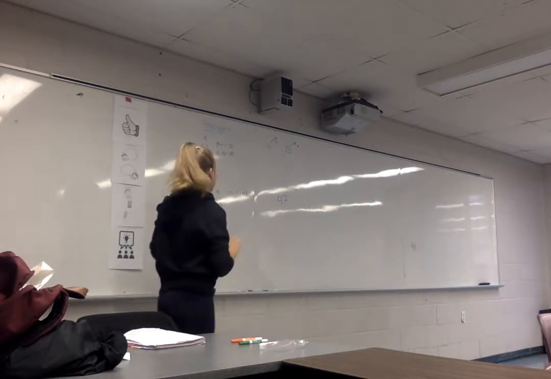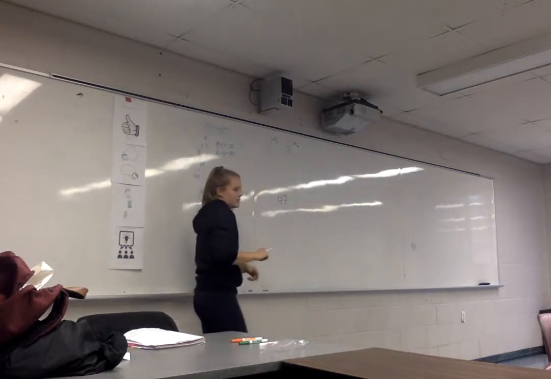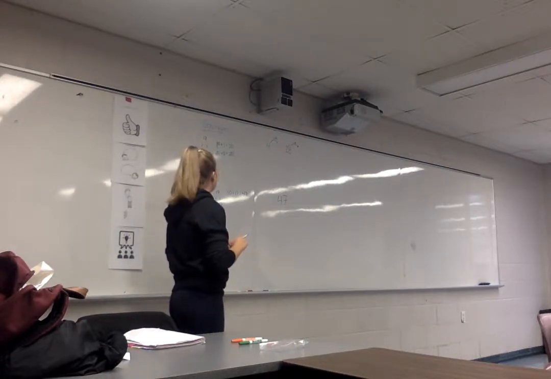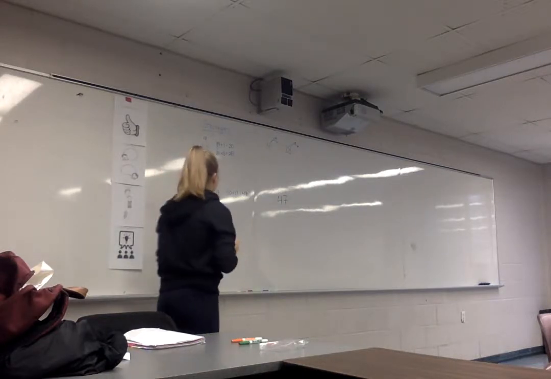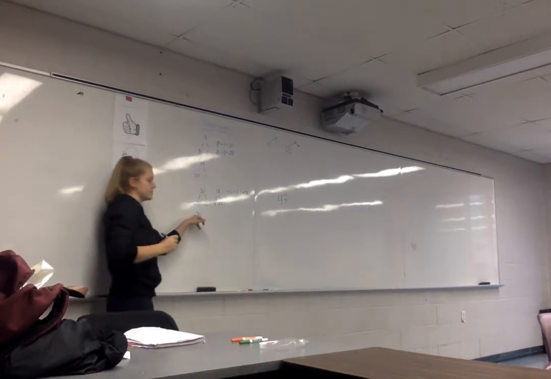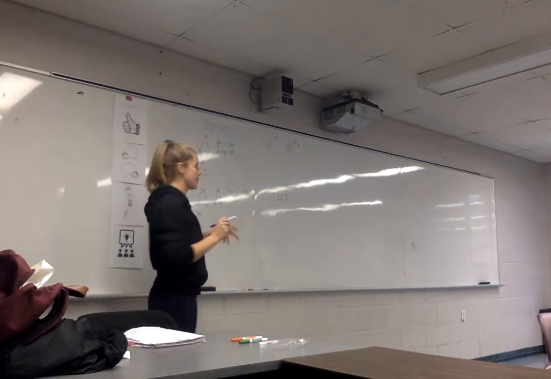Saeed has a different strategy. So how did you get to 47? Well, you can do the same thing, but start with 19. So you add 1 to 19 to make it 20. And then you add the remainder, 27. Okay, so Saeed starts with 20 because that's his comfortable number. Sometimes you find comfortable numbers.